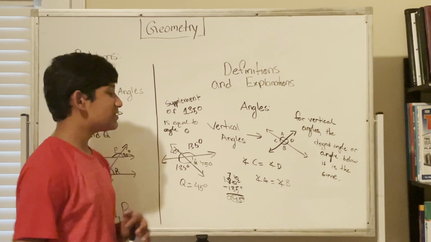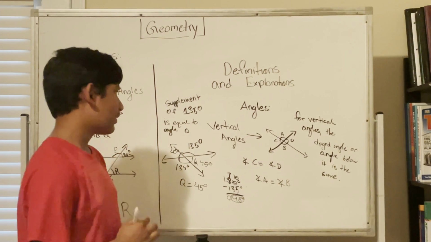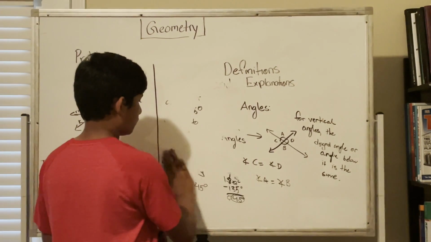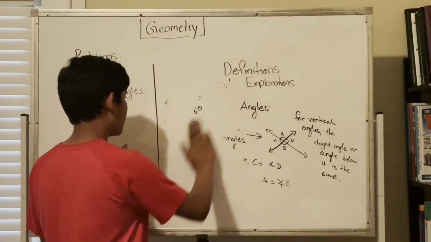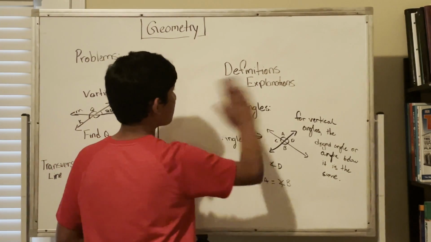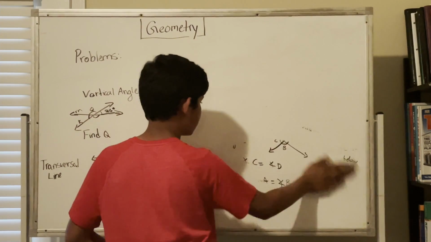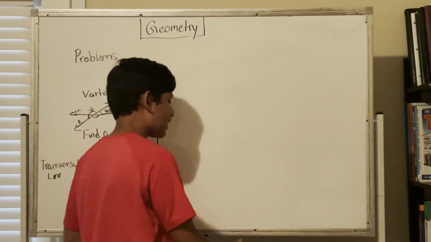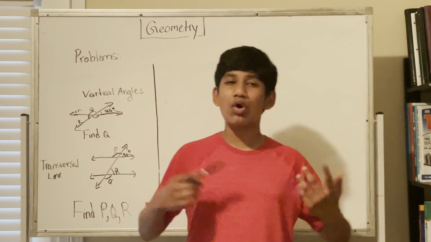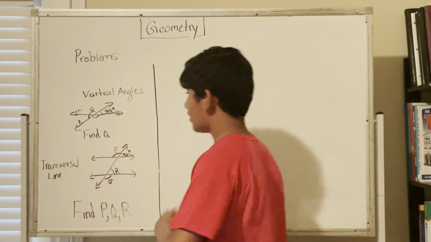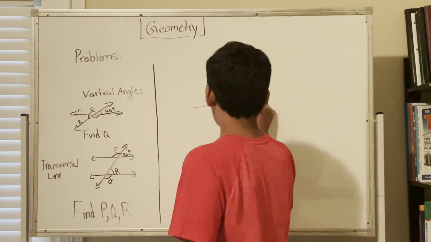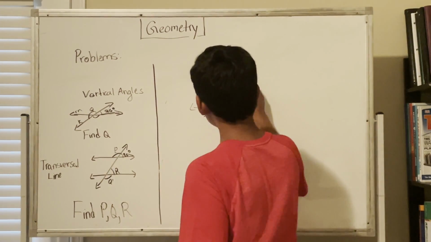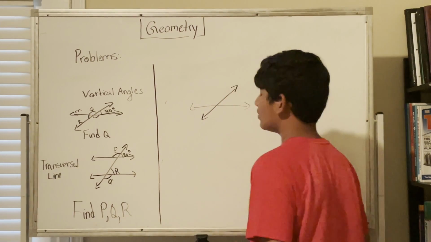Okay, now that we've covered what vertical angles are, let's actually solve the problem over here. It is important to understand these intuitively rather than just memorize them, because if we just memorized what vertical angles are, we might only have limited examples. If we understand it, we can apply it to more complicated problems in geometry. So we have this vertical angle over here, and we have to find angle Q. This is pretty simple with the knowledge we already learned.